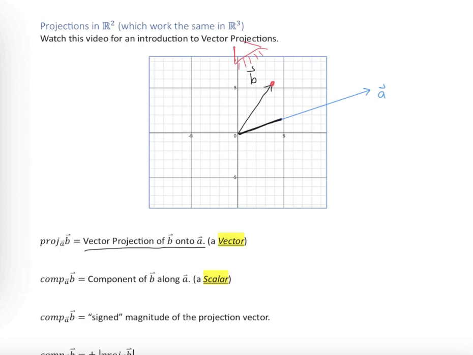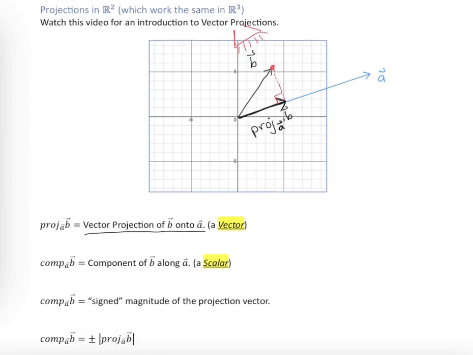So let's drop a perpendicular from that terminal point down to vector A, and our shadow vector, or the projection vector, is going to reach to the end of that perpendicular. So this vector is considered to be the projection of B onto A, and the one that we're projecting onto is written as a subscript.